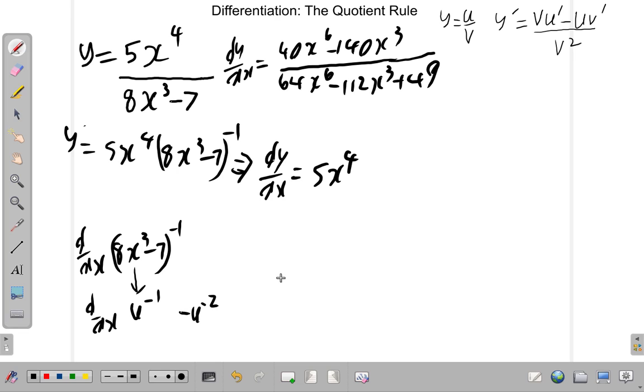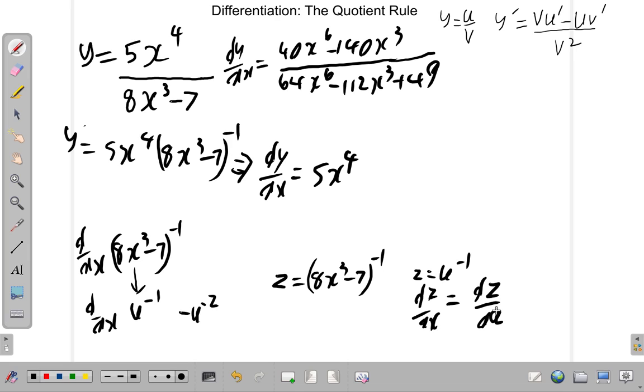If we say z equals (8x cubed minus 7) to the negative 1, and we let 8x cubed minus 7 be u, we would have z equals u to the negative 1, and dz by dx will be equal to dz by du times du by dx, and dz by du would be our negative u to the negative 2.